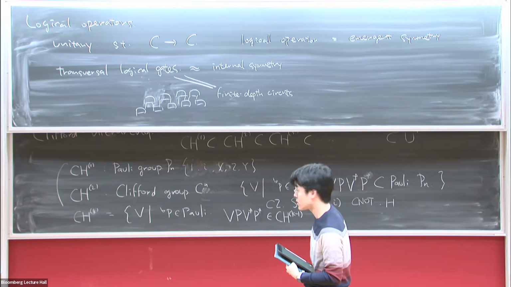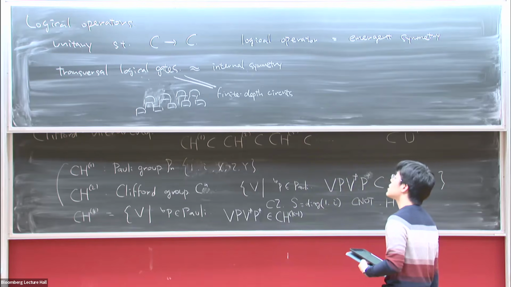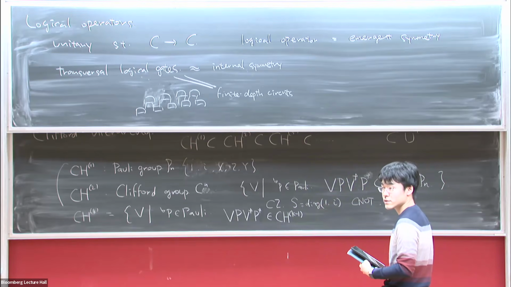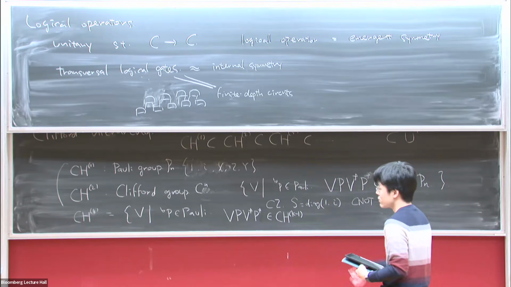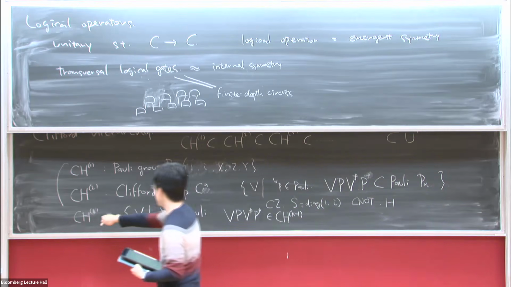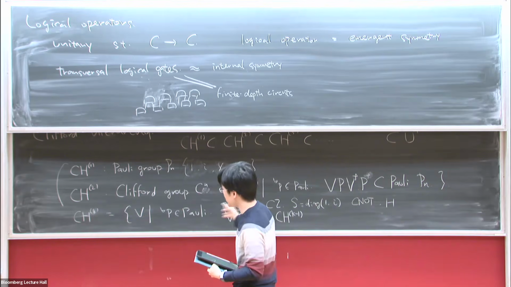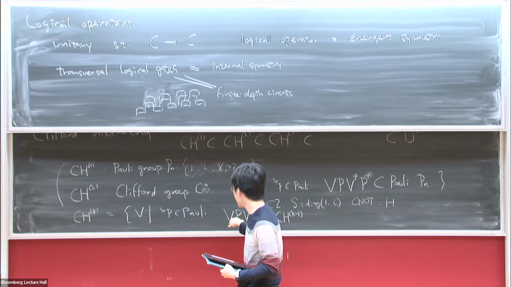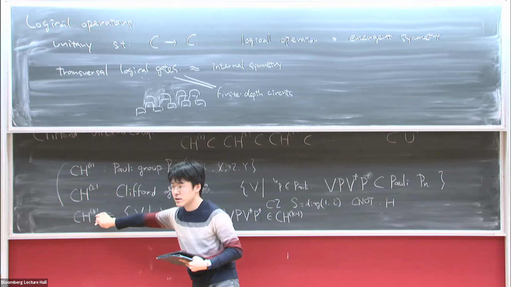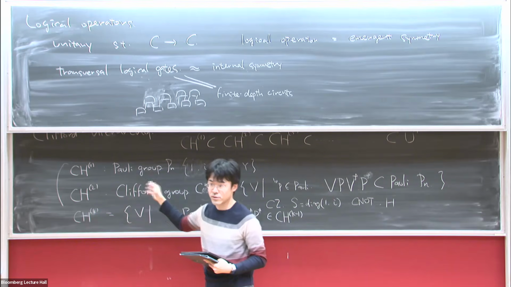Does CH3 preserve the Clifford group? By conjugation? Just Pauli, just Pauli to Clifford, yes. For instance, the third hierarchy level is just defined by the action on the Pauli operators. So it maps the Pauli operators into the Clifford hierarchy, but we are not sure how CH3 maps the Clifford operators.